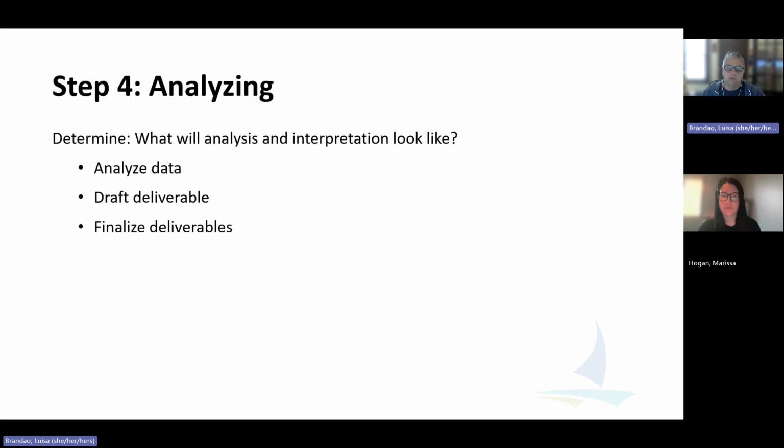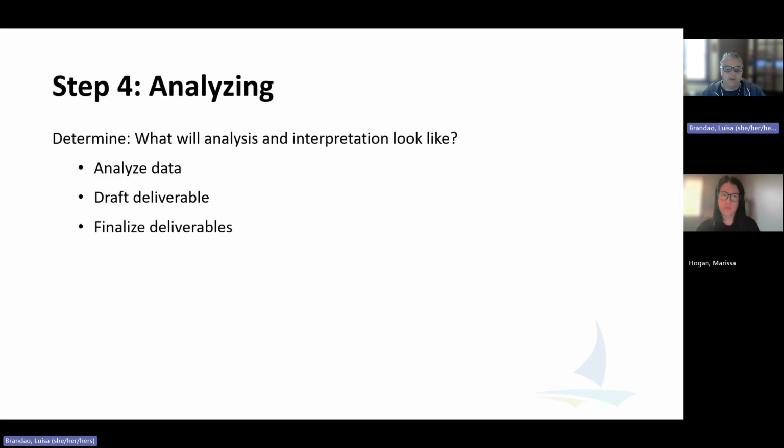So, what you have left once you're done with your analysis, you have your data that's analyzed, you have some draft deliverables, and then maybe through that engagement with stakeholders or adding the additional academic research or other pieces, you finalize your deliverables, and then you're ready to disseminate.